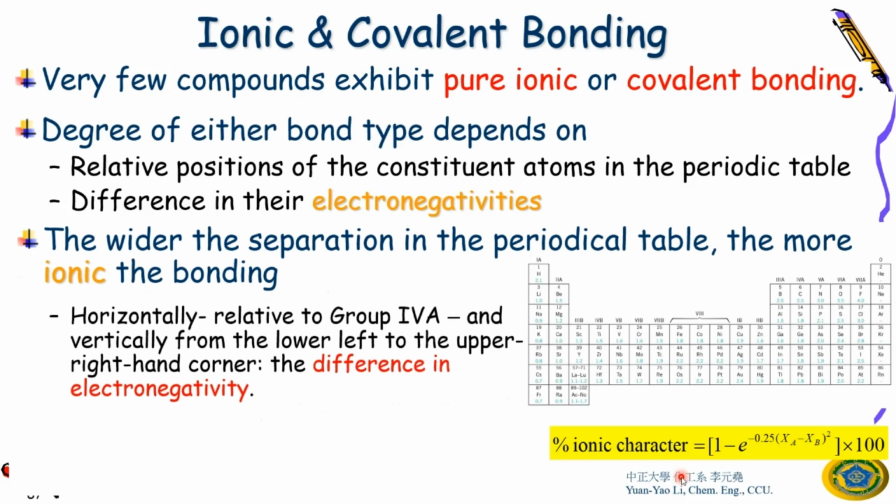So the wider the separation in the periodic table, the more ionic the bonding. As we mentioned before, if you have one element on the right-hand side and one element on the left-hand side of the periodic table and put these two elements together, it's very likely this molecule has a higher ionic character.